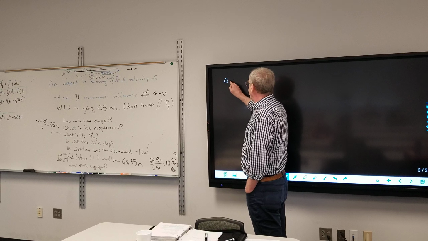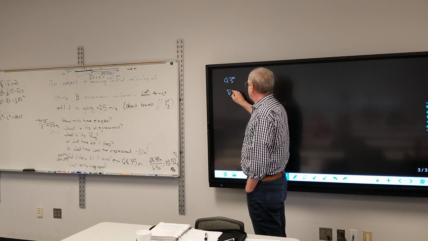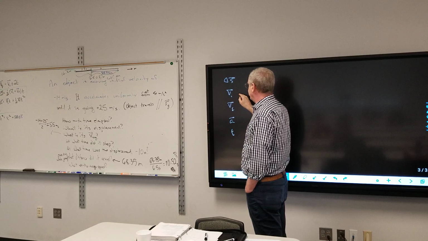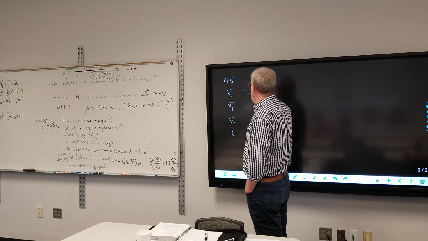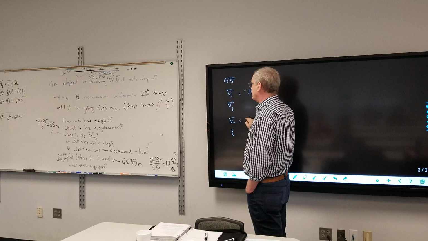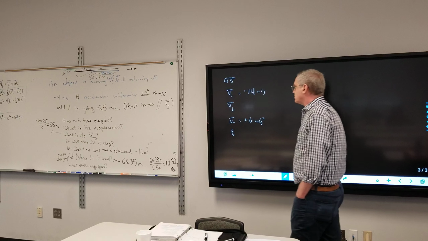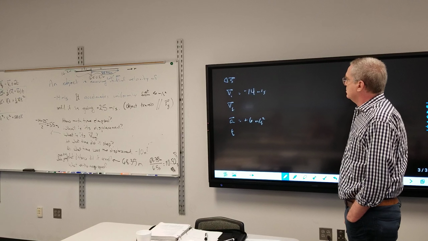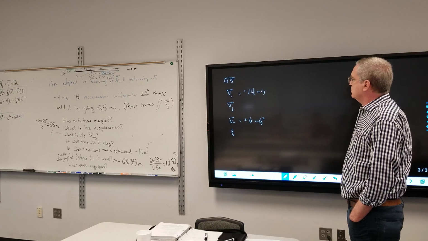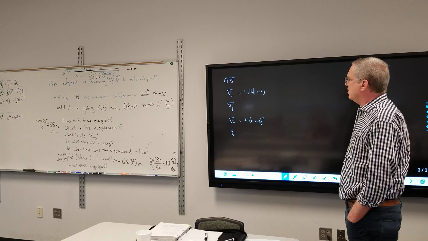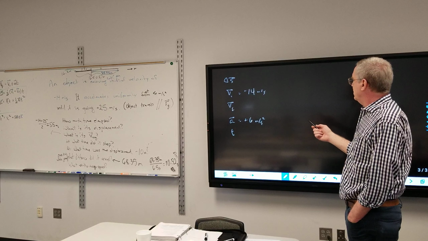Let's put up what we know. I, F, A, and T. Initial velocity is still negative 14 meters per second. My acceleration is still 6 meters per second squared. No, something's off. Probably in my head.